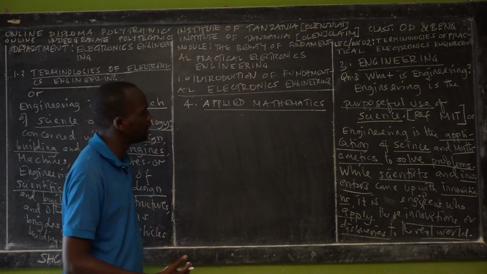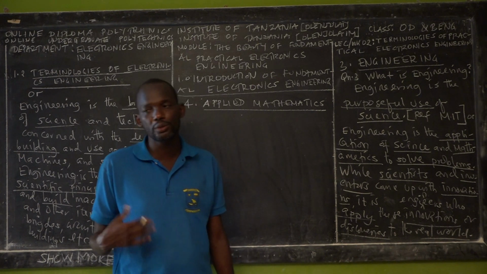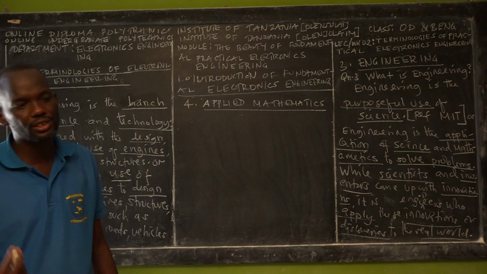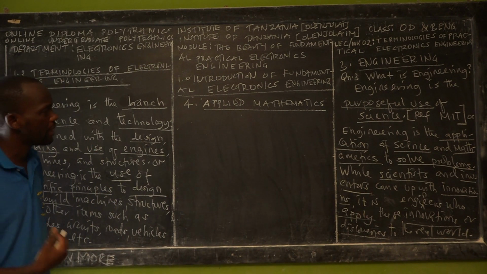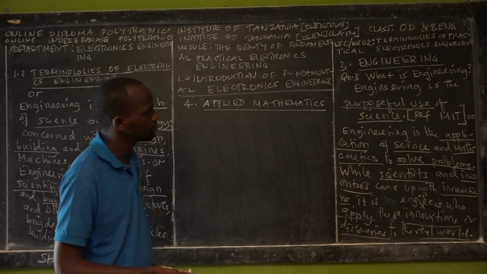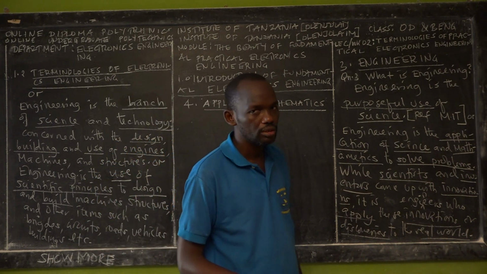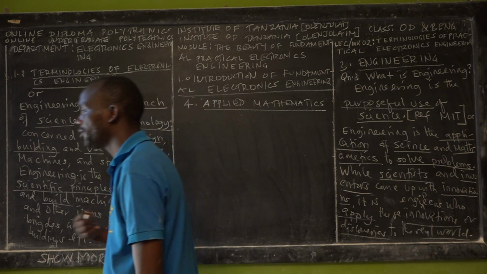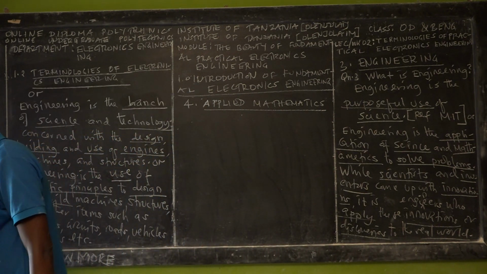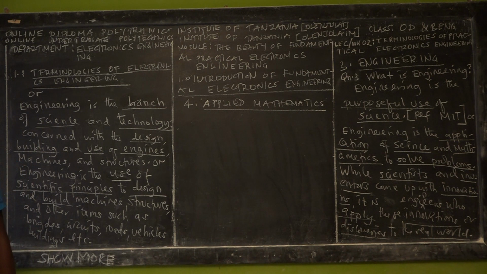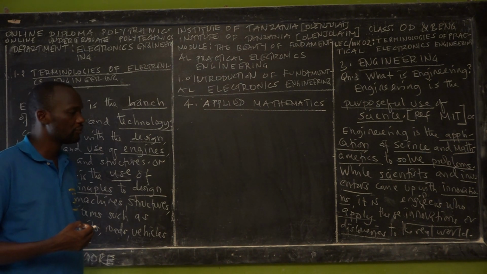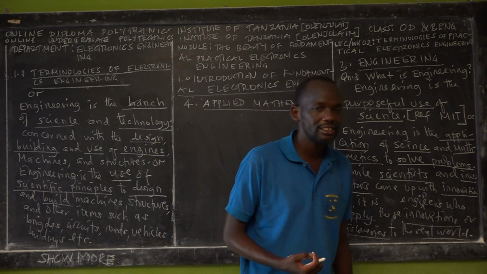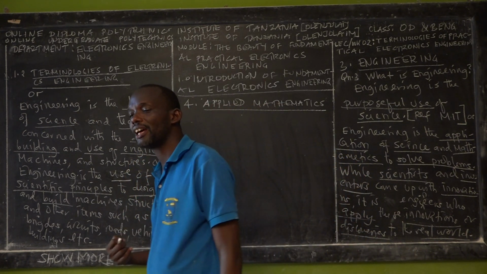Basically in mathematics you have two categories, applied mathematics and pure mathematics. Pure mathematics focuses on abstraction, and applied mathematics focuses on application. When you say pure mathematics focuses on abstraction, in most cases of mathematical theories in pure mathematics, you'll find yourself learning mathematics by using letters more than numbers.